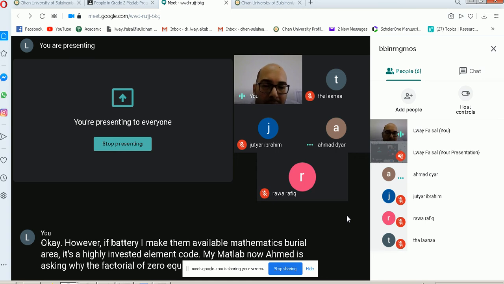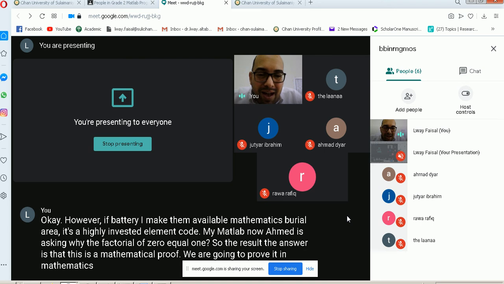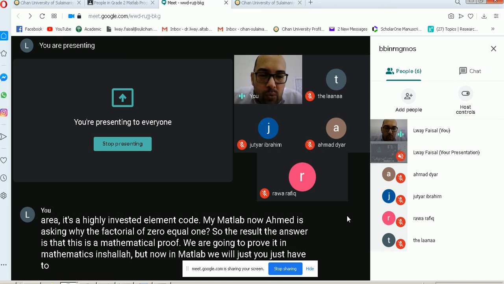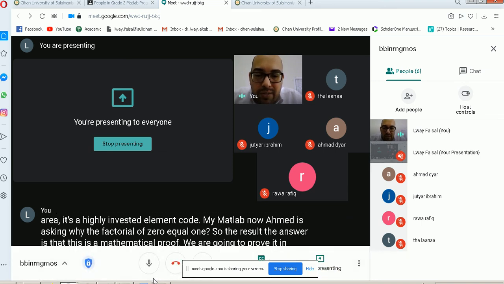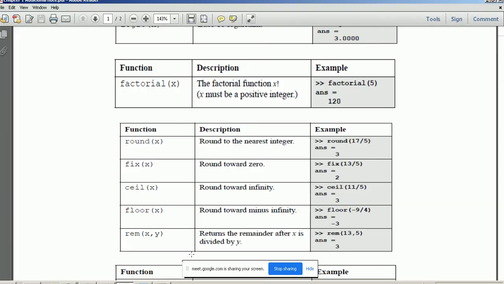The answer is that this is a mathematical proof. We are going to prove it in mathematics inshallah. But now in MATLAB you just have to learn the codes, how to find the factorial of something. Okay guys, because this will take a long time to explain, let me jump. Thank you, it's a good question, Ahmed.